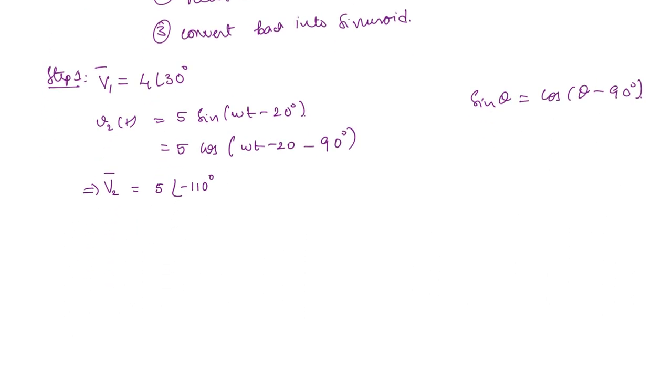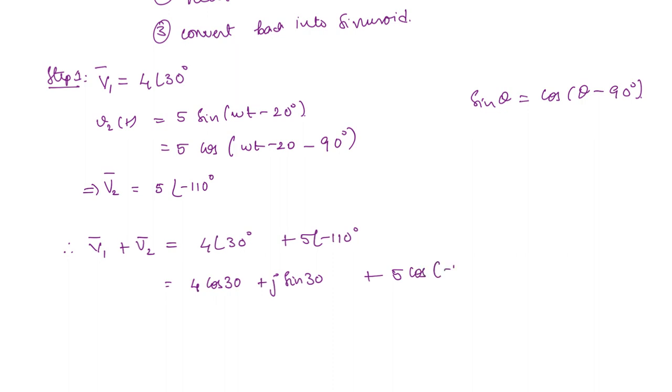Now how will you add both of these? V1 bar plus V2 bar is equal to 4 angle 30 degrees plus 5 angle −110 degrees. We convert the magnitude form into the rectangular form: 4(cos 30 + j sin 30) plus 5(cos(−110) + j sin(−110) degrees).